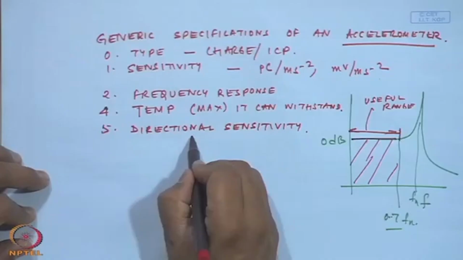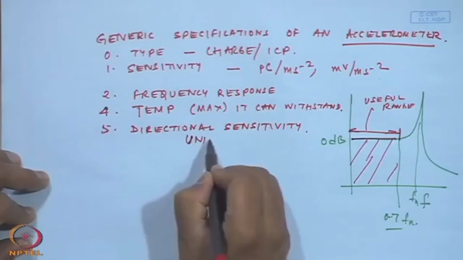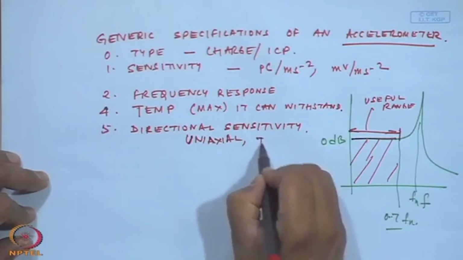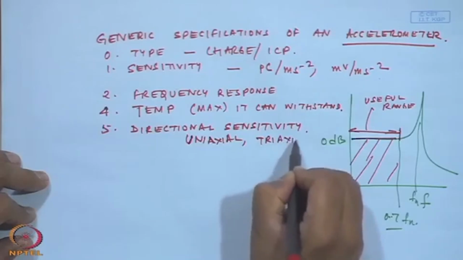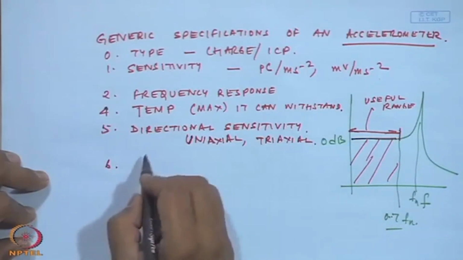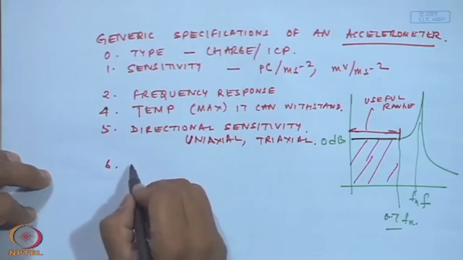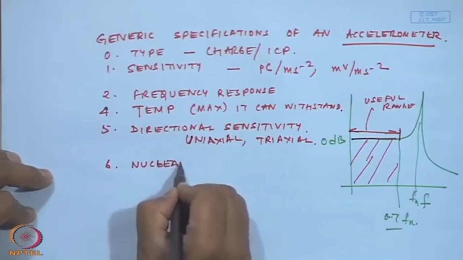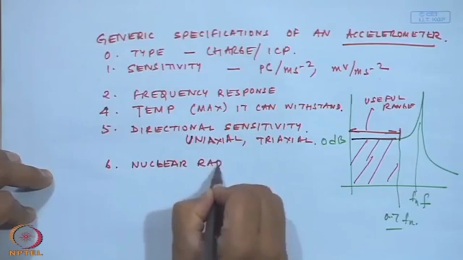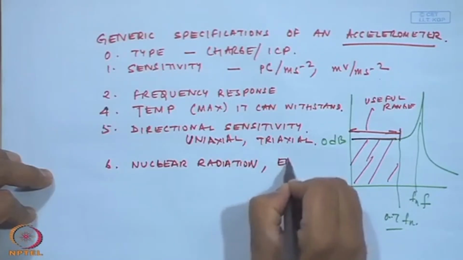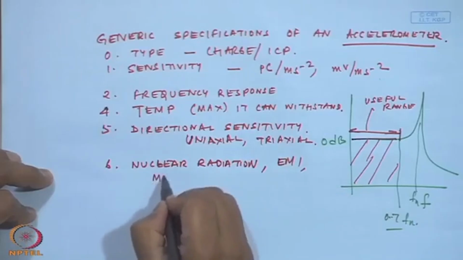It could be uniaxial or triaxial. And then of course, it should not get affected by nuclear radiation, by EMI, by moisture.